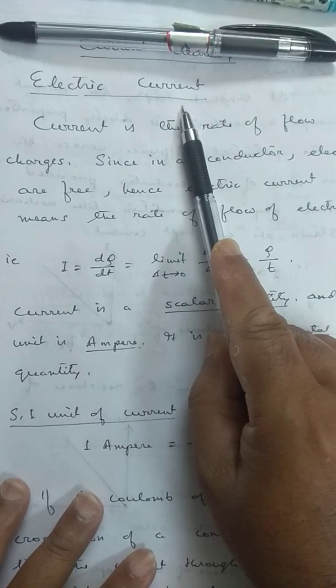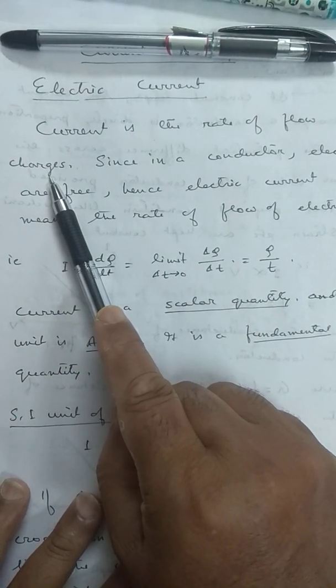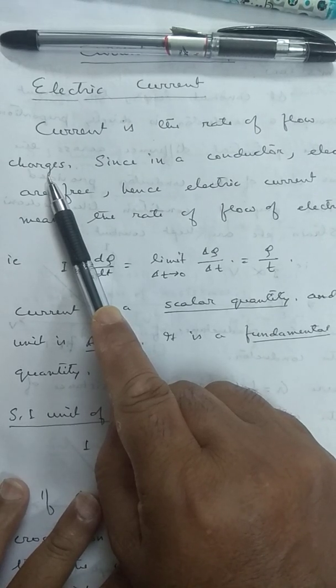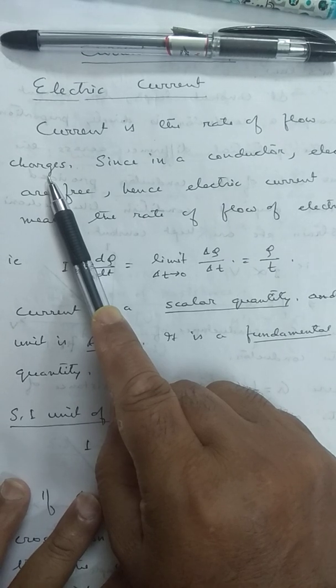What is electric current? Electric current means rate of flow of electric charges. But we know that there are two types of charges, positive charge as well as negative charge.